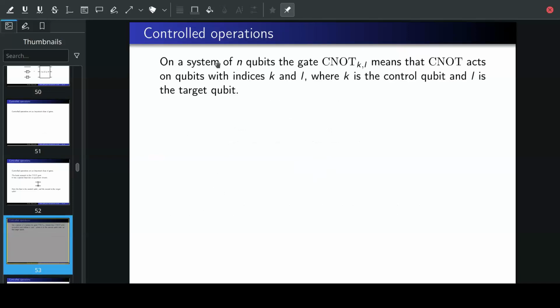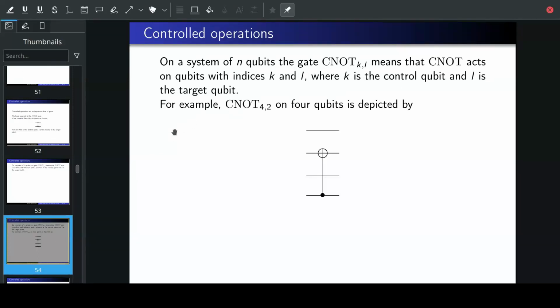If we have n qubits, then we can define a CNOT that acts on the qubits k and l, where k is the index of the control qubit and l is the index of the target qubit. So, for example, suppose we have 4 qubits indexed by 1, 2, 3, and 4.